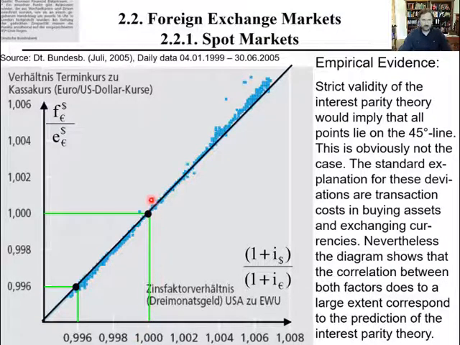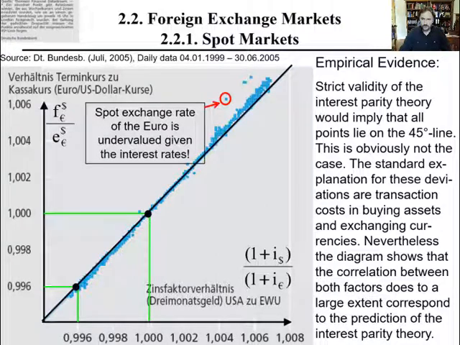However, if you take one such outlier, like in this region here, so let's take this one, we can see that here the exchange rate ratio is too high for the given interest factor ratio. Such a situation implies the possibility for a profitable deal without any risk.